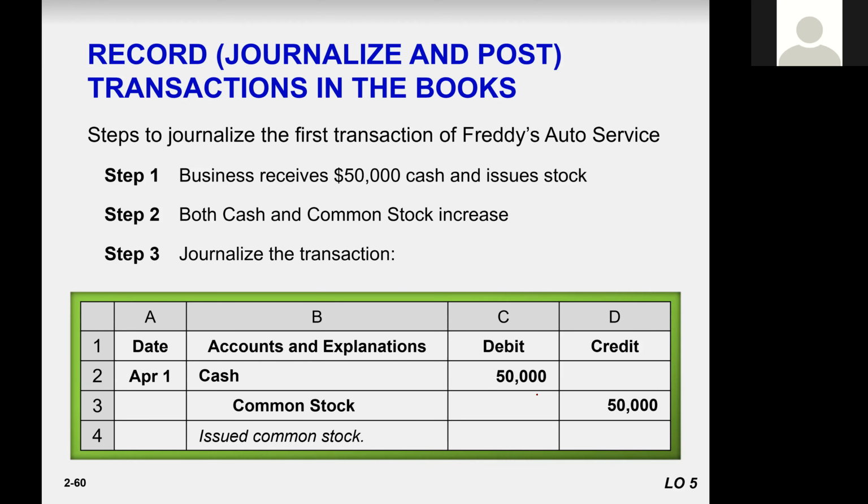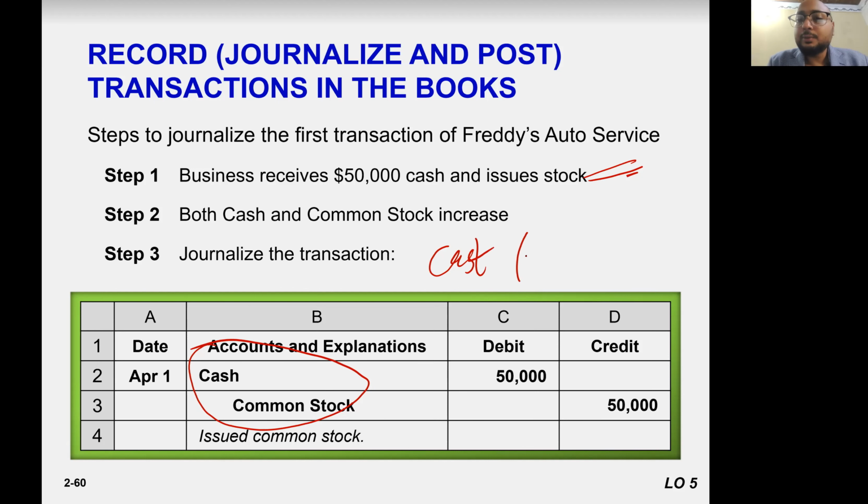So if I tell you the business received 50,000 cash and issued stock, you think about which account is increased, which account is decreased, and try to process it in your mind. They don't tell you this. They just pronounce it. How?